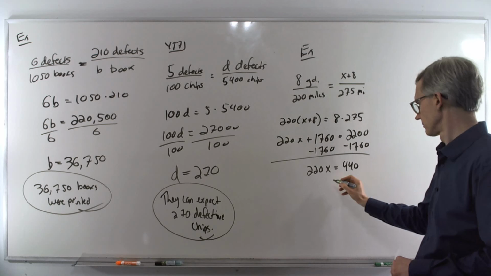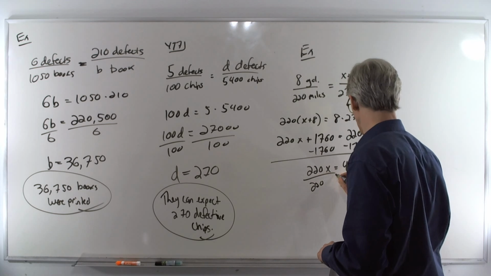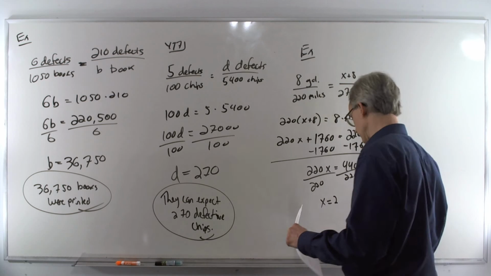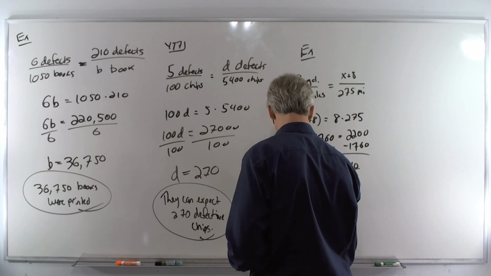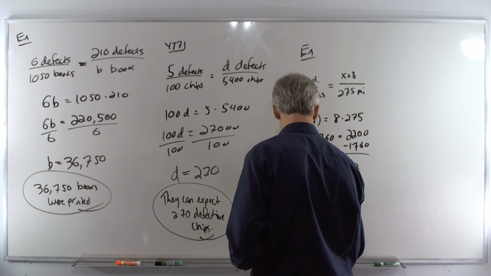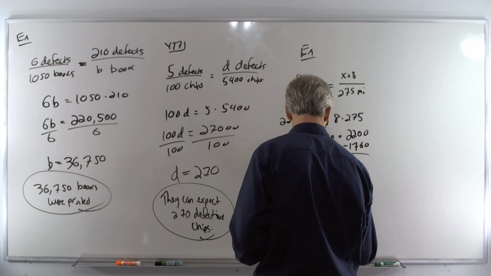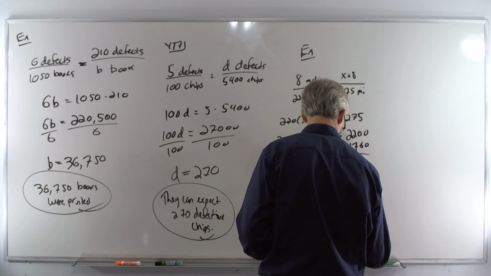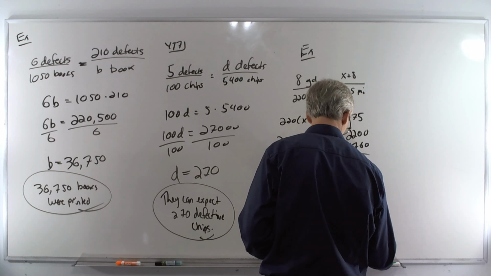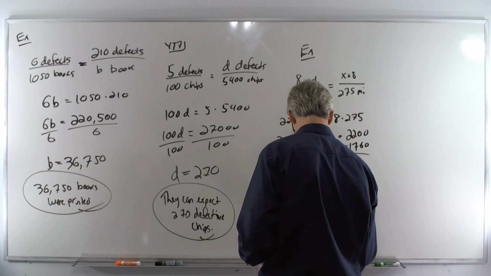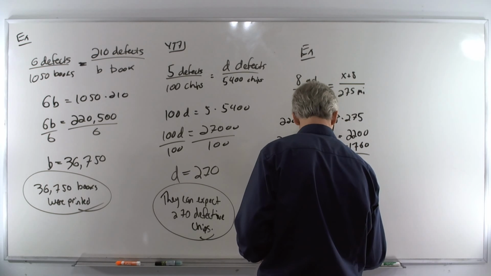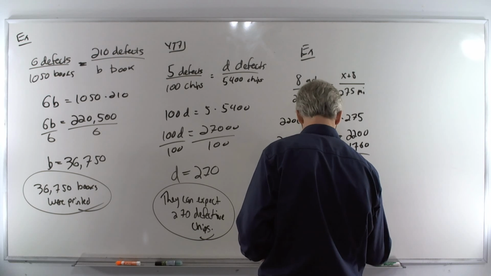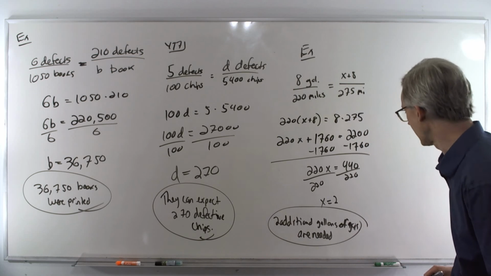Subtract here, we get 440. Divide by 220. And x is 2. So 2 additional gallons of gas are needed.